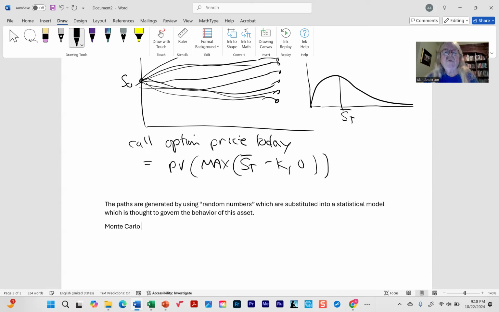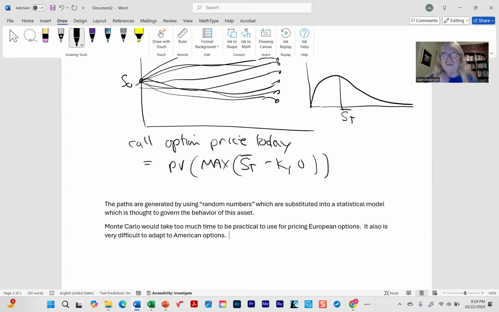So Monte Carlo would take too much time to be practical when pricing European options. It also is very difficult to adapt to American options because of the early exercise feature.